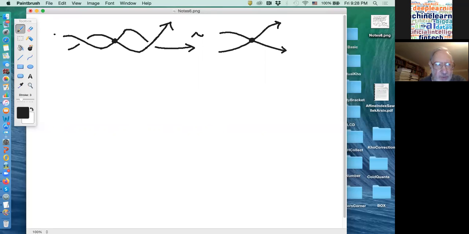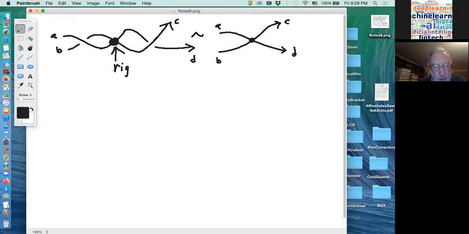So that means the endpoints are fixed. And what you did was you grabbed it in the middle and turned it around. It's a rigid vertex. When you isotope it, you have to turn it as though it were a rigid vertex.